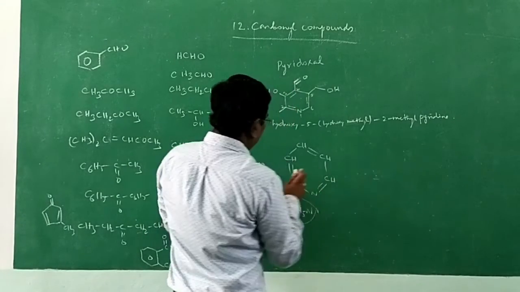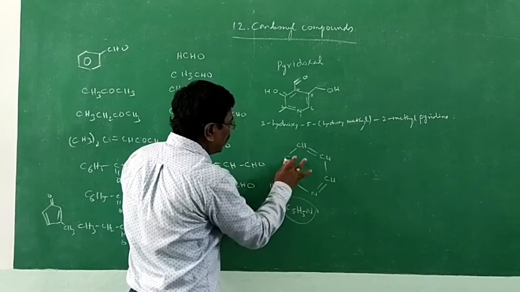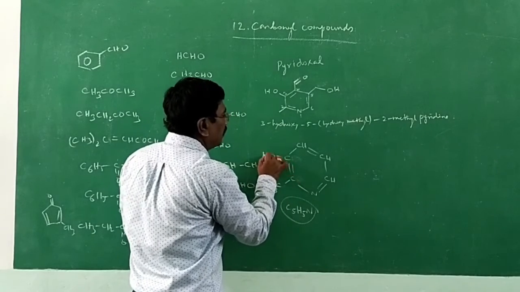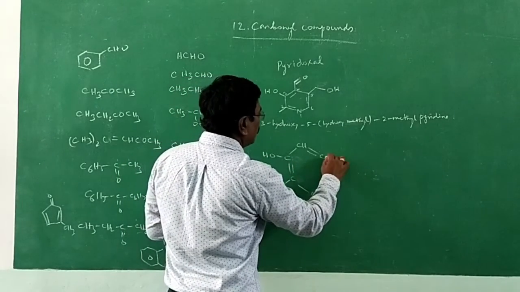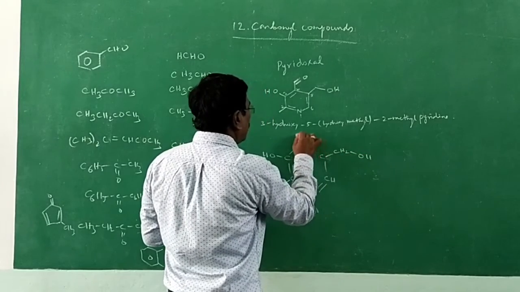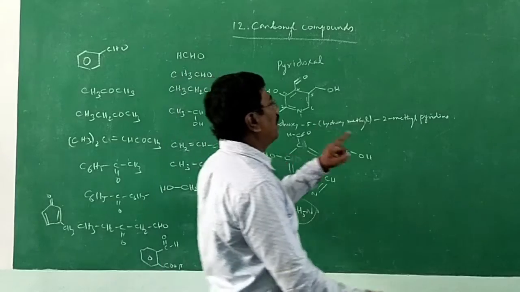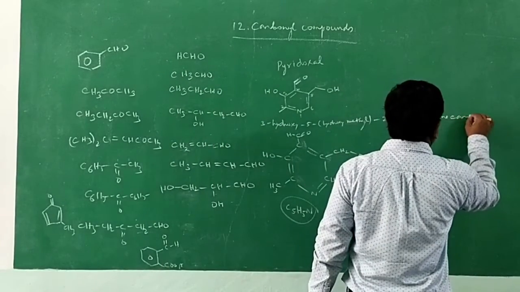Alright. So the structure may be, instead of this hydrogen we have methyl, instead of this hydrogen we have OH, instead of this hydrogen we have CH2OH, and here we have C double bond O, H, aldehyde. So we end with the aldehyde, carbaldehyde, pyridine carbaldehyde.